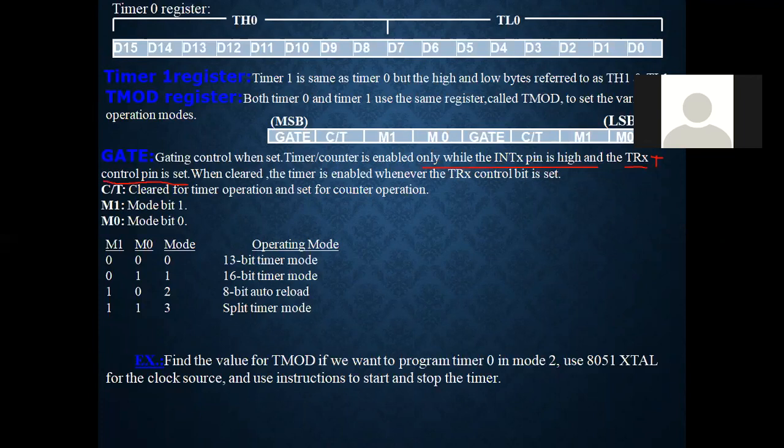This is the calculation of delay. Is the formula clear? And this delay is for the 16-bit timer mode.